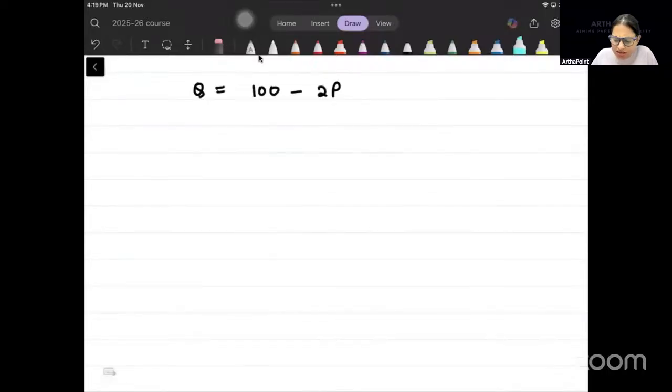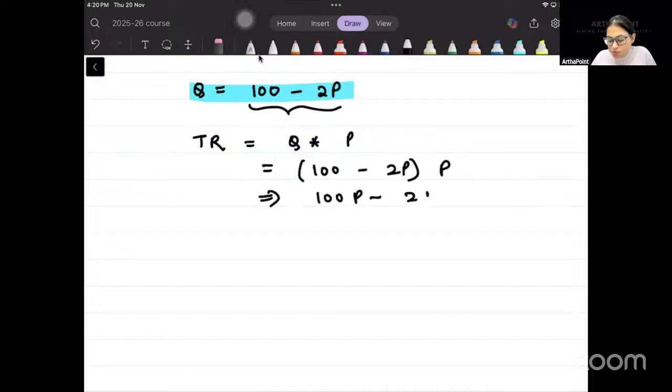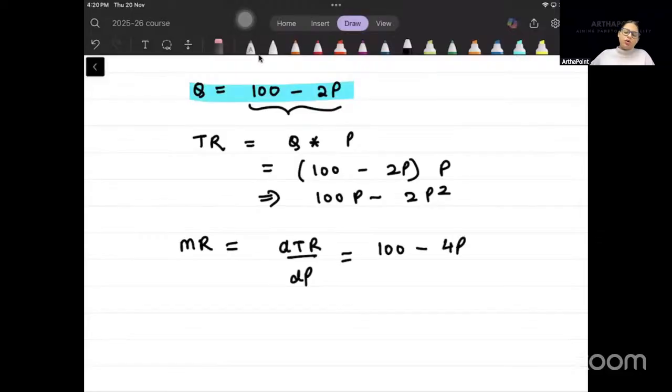What I noticed is that one of you found total revenue as price into quantity, so you replaced the quantity and got 100P minus 2P square. And then for marginal revenue you differentiated total revenue with respect to price. I saw this very recently in the group. I highlighted that also. But this is wrong.